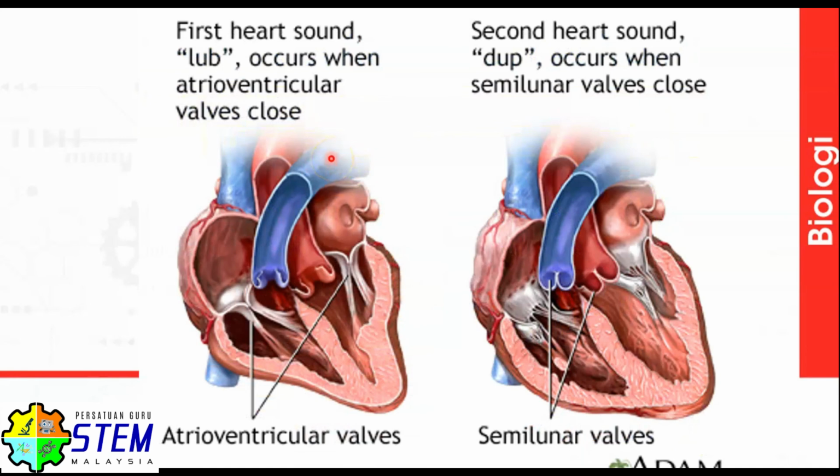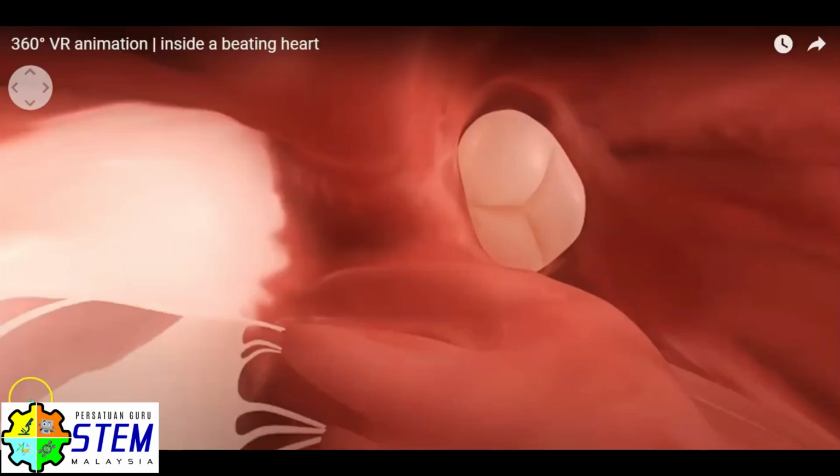The first heart sound, lub, occurs when the atrioventricular valves close, while the second heart sound, dub, occurs when the semilunar valves close. Now let us watch the 360-degree virtual reality animation inside a beating heart.